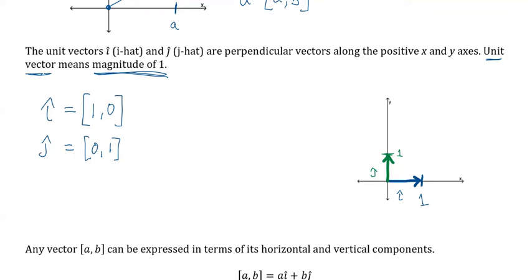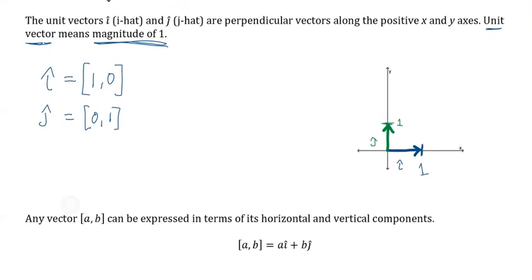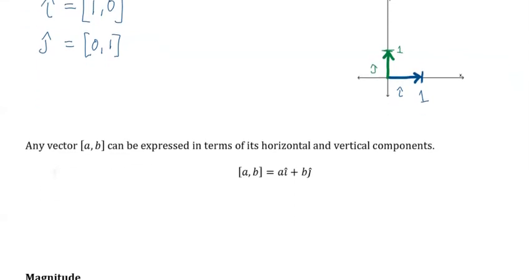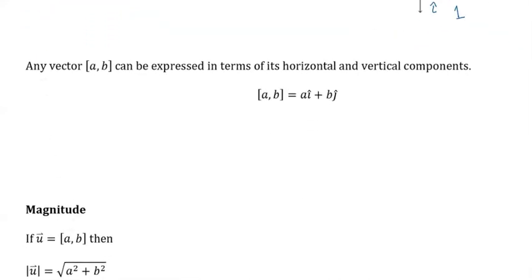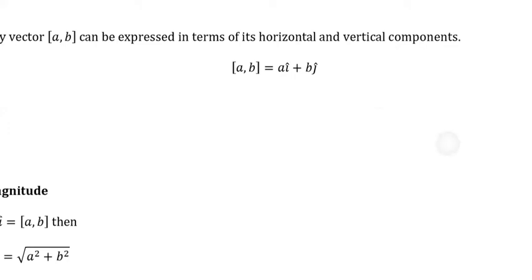Okay, so any vector, let's say like vector AB, can be expressed either in terms of the unit vectors, i hat and j hat, or in terms of its horizontal and vertical components. So vector AB, this is in terms of i hat and j hat.